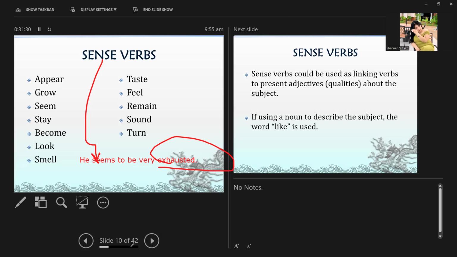Okay. So another example. What another example can we think of? Let's use sound. The sense verb sound.